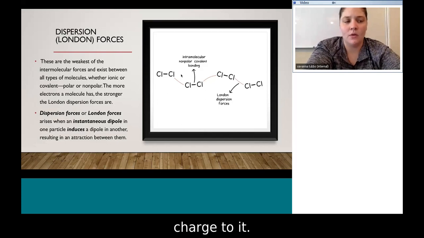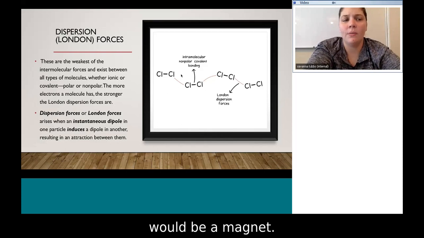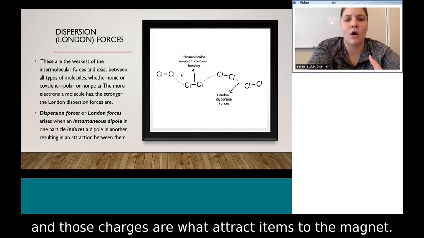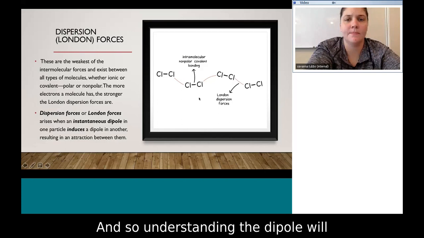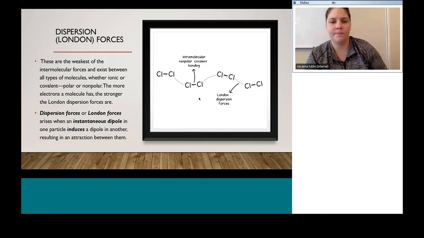A real world example of a dipole would be a magnet. A magnet has a positive and a negative charge, and those charges are what attract items to the magnet. Understanding the dipole will get a little bit easier as we go on through the rest of our forces.